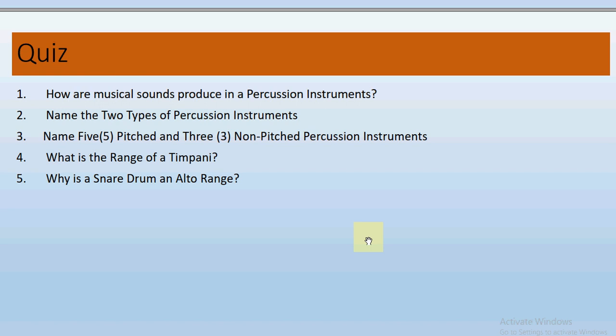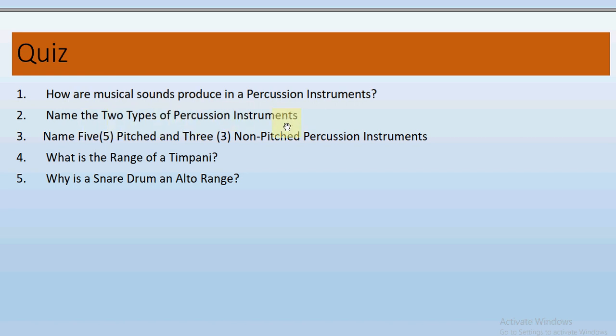I have a quiz here. Number one: how are musical sounds produced in percussion instruments? Number two: name the two types of percussion instruments.